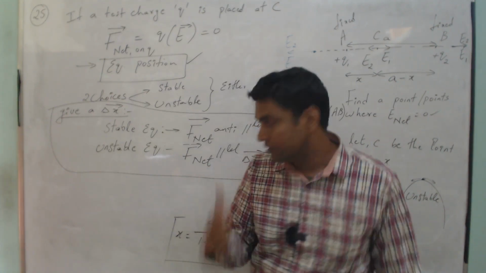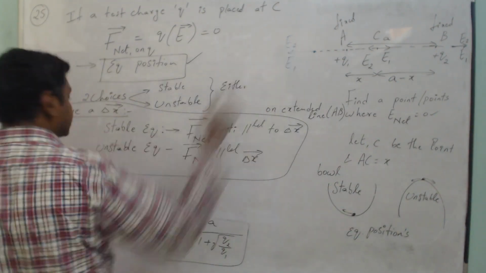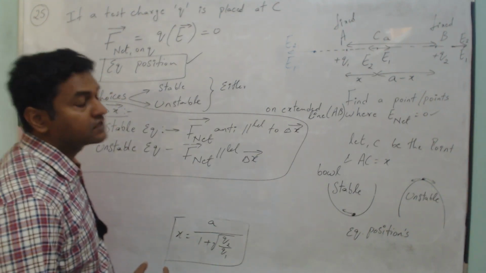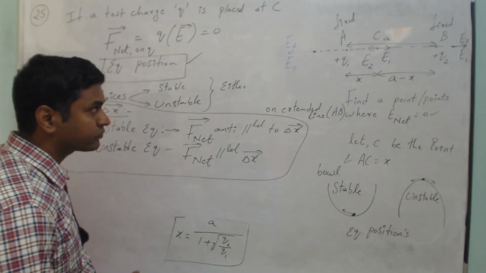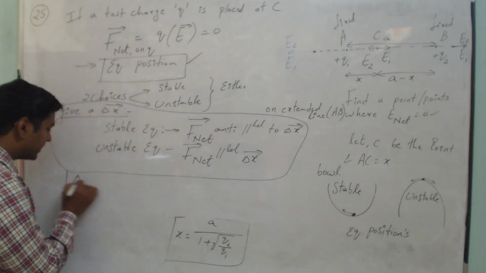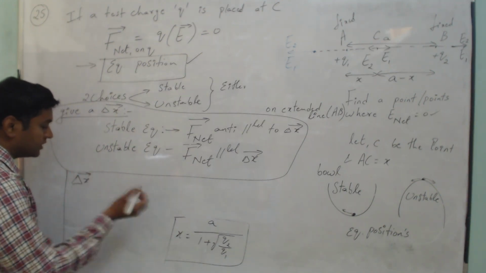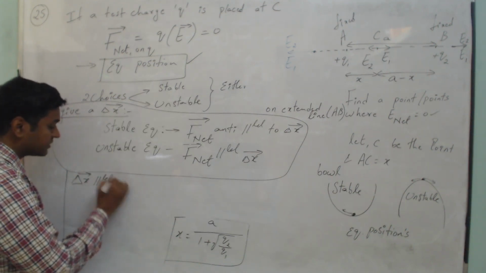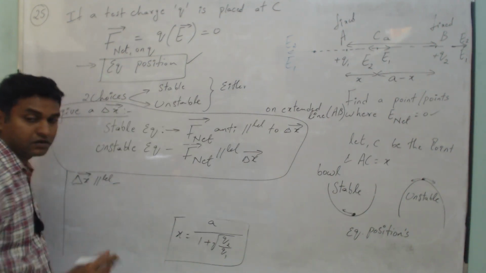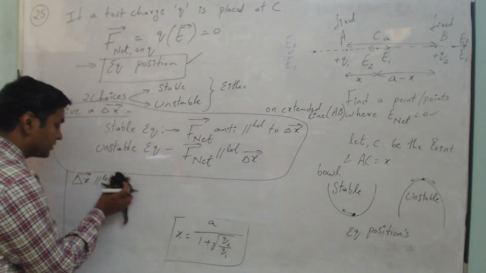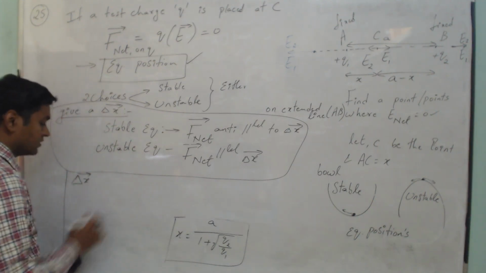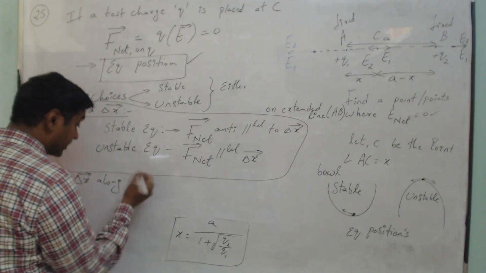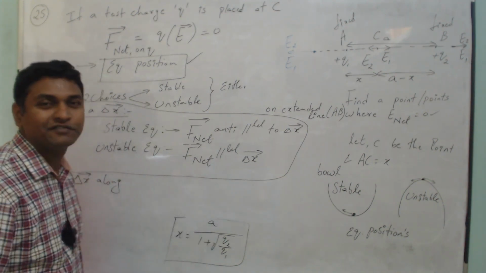Now let us study in this case if it is stable equilibrium or unstable equilibrium. So I am taking delta x bar as positive x direction. Let us take delta x bar along i cap. Sir, so we have to study if the force is coming negative.